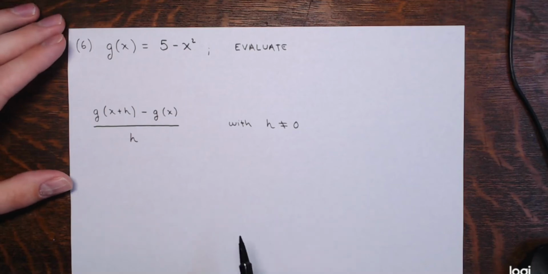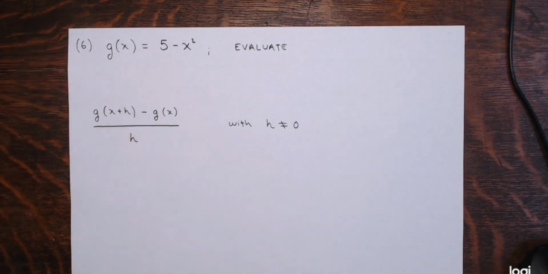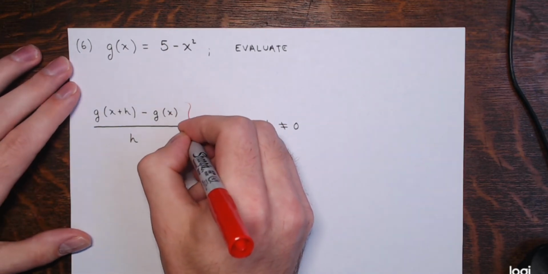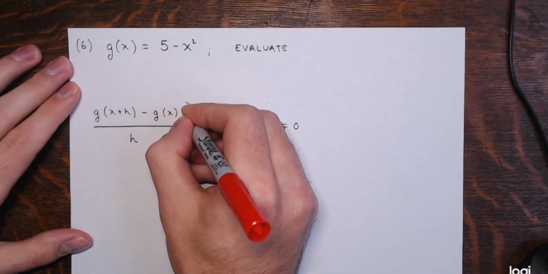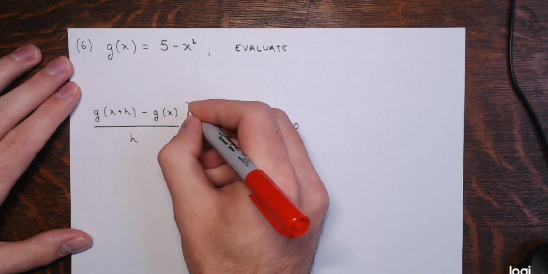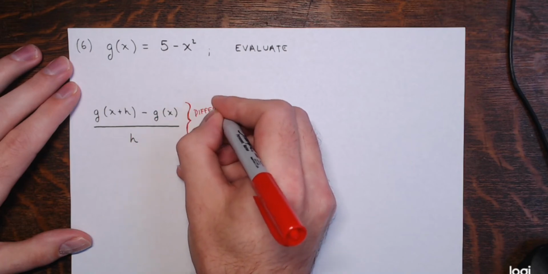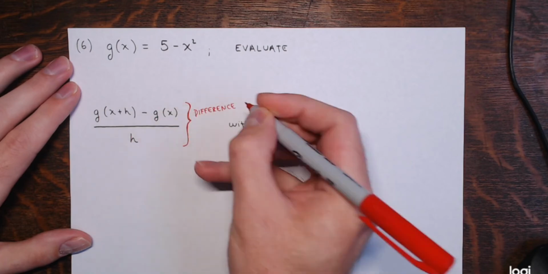Now this expression here has a fancy name that's going to be monumentally important to you in a calculus course. This is actually referred to as the difference quotient of function g.